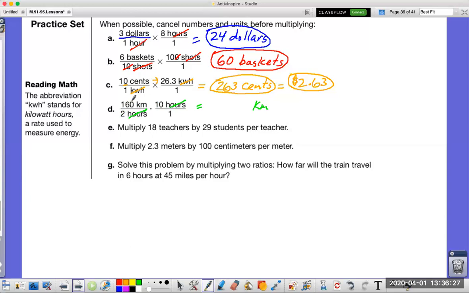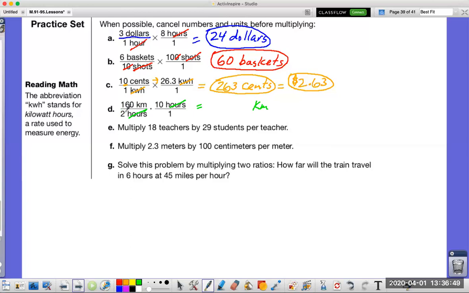I could take 160 divided by 2, I know what that is. Or I could take 10 divided by 2, I also know what that is. Which one would you do? Well, for me personally, I don't want to take 160 times 5 because I know that's a little more challenging. So I'm just going to do this.